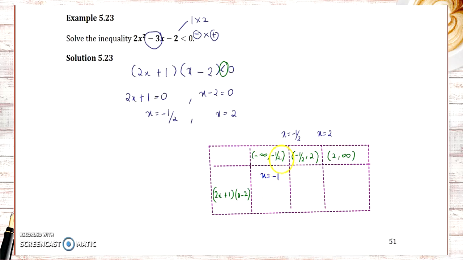Negative 1 is between negative infinity and negative 1 over 2. So substitute x equals negative 1 into the first and second brackets. So we have negative 2 plus 1 times negative 1 minus 2, which is negative 3 for the second bracket.